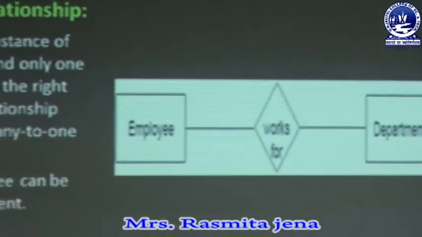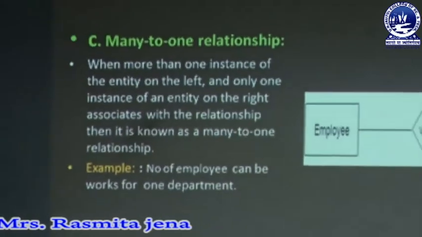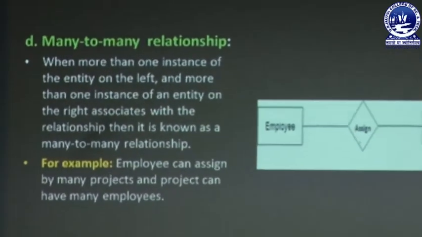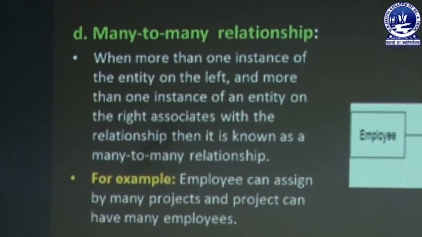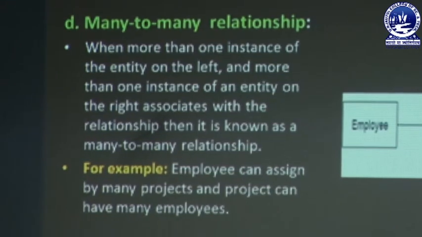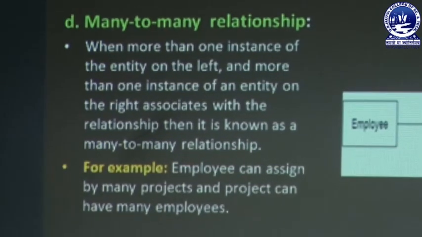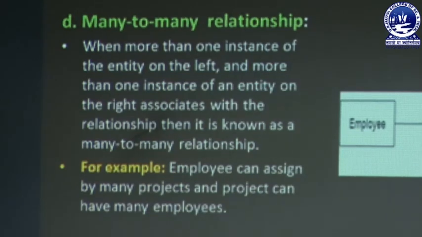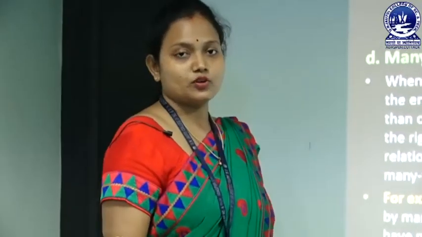Next type is the many to many relationship. A many to many relationship means that when more than one instance of an entity on the left and more than one instance of an entity on the right are associated with a relationship type, then that is called a many to many relationship. Here I take the employee entity and the project entity.